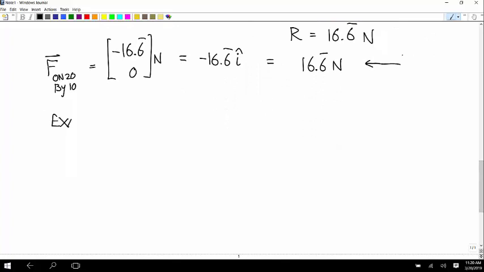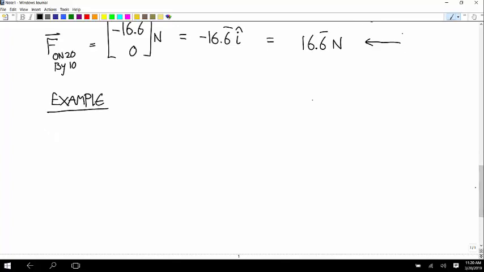Okay. Let's do another example. So this time, let's say that there's an incline, and let's say this angle is 20 degrees.